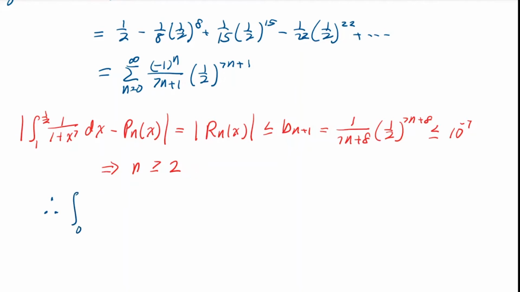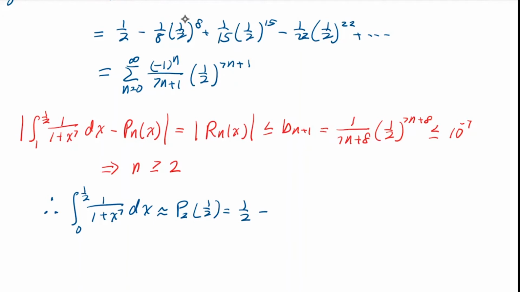So our integral that you wanted to evaluate is approximately equal to P sub 2, evaluated at 1/2. When n is equal to 0, you get 1/2, a positive number, minus the next term.